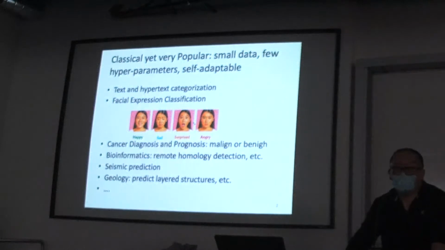Also, it is called non-parametric. I'm not going to explain the meaning of non-parametric, but you can roughly view it as self-adaptable, meaning that it's so flexible. If the data is simple, meaning the underlying relationship might be just linear, the SVM will reflect the linear relationship. If the data are complicated, quite nonlinear, the SVM can tell you it's nonlinear.